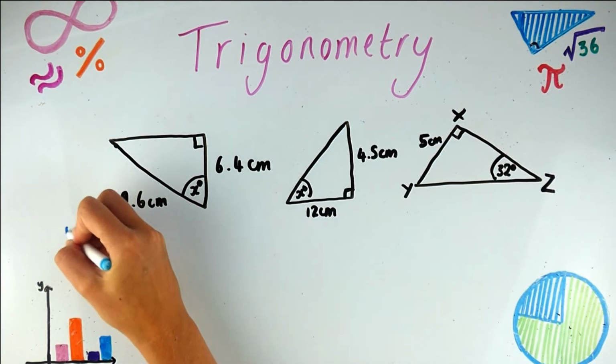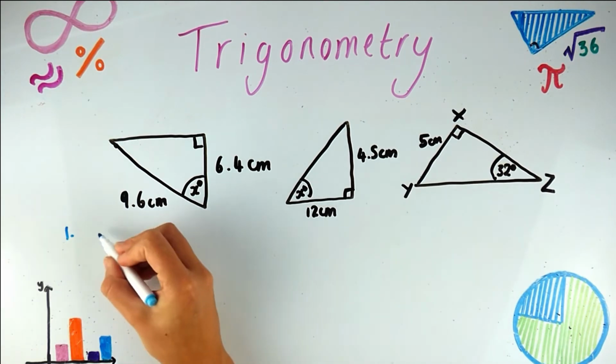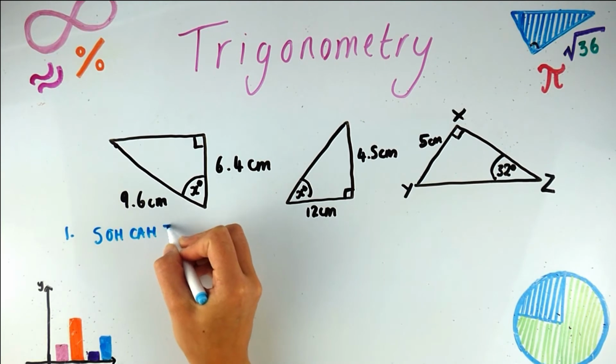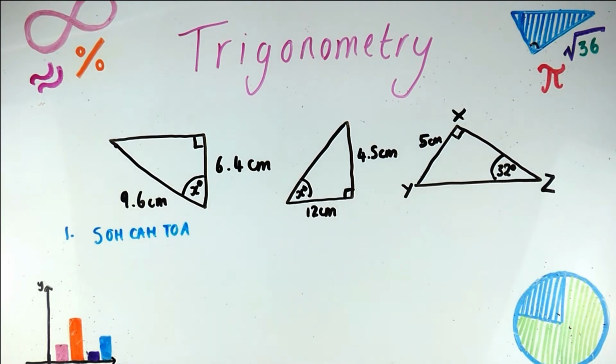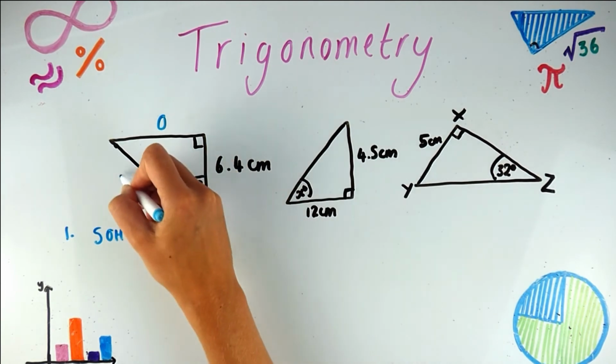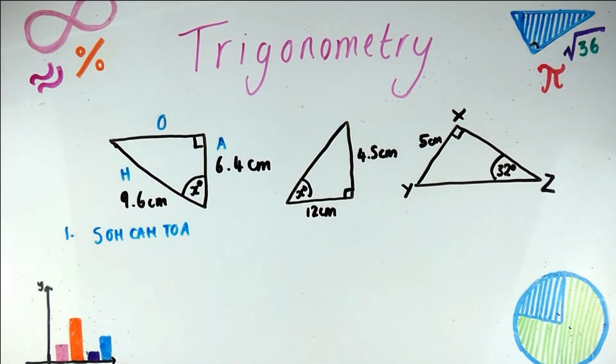Okay, so example 1. We're going to start by writing out SOHCAHTOA because that's what we're going to work with. We then want to label up our triangle, similar to what we did in Pythagoras. So we've got the opposite, the hypotenuse and the adjacent, and we want to see which of those we're using.